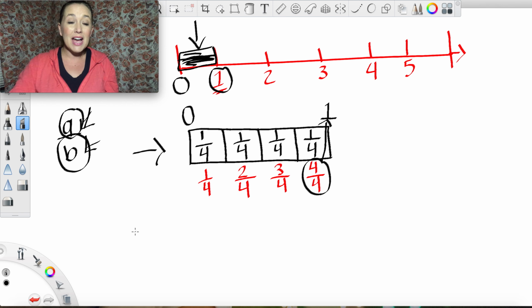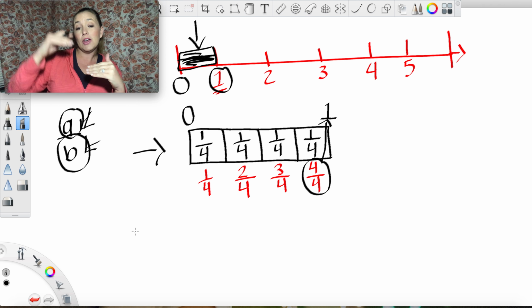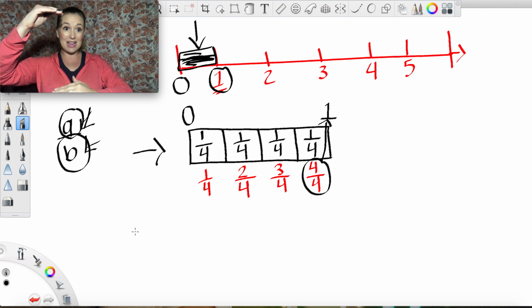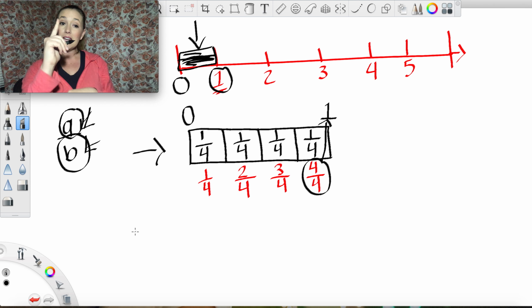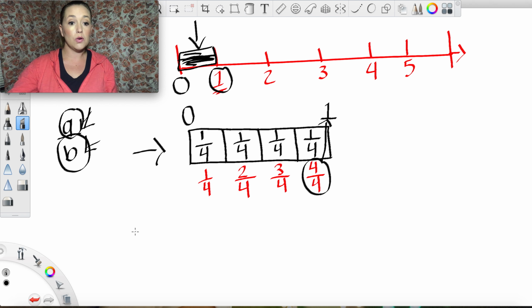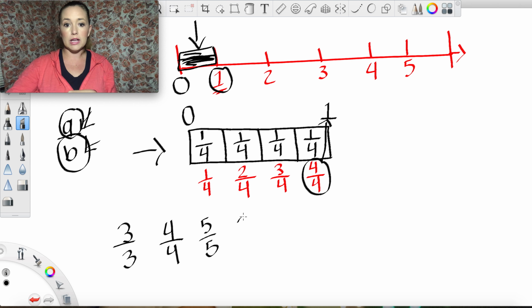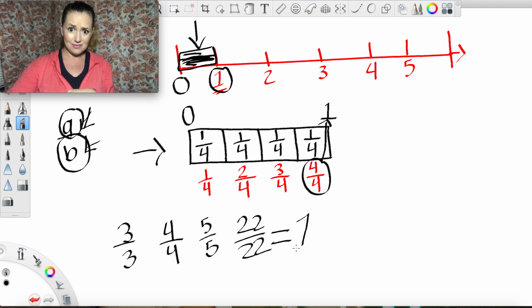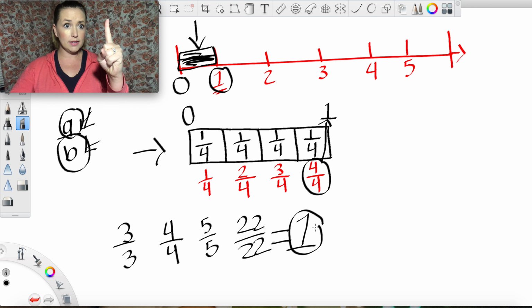So it's the same time. Whenever you have your numerator the same as your denominator, it's equal to a whole, your one whole. So for example, if I have 3/3, 4/4, 5/5, or even 20/20, that's equal to 1. Okay.